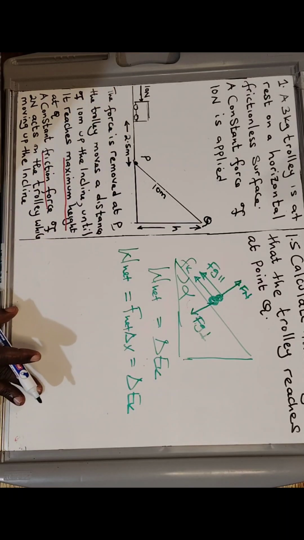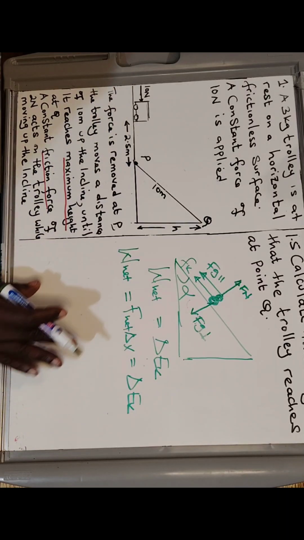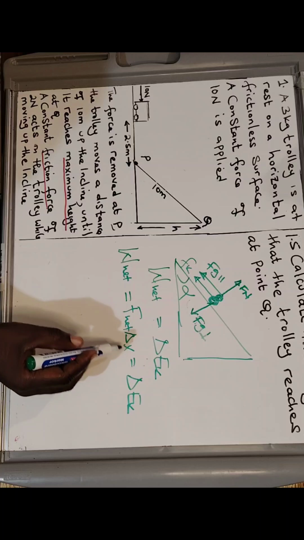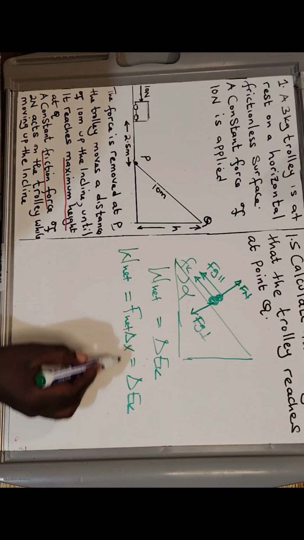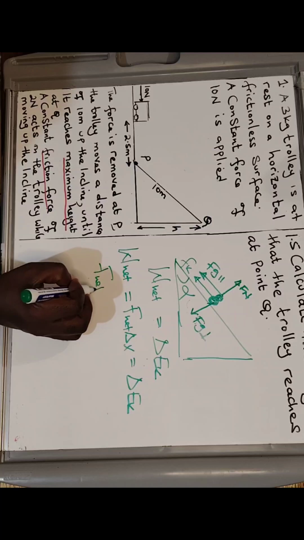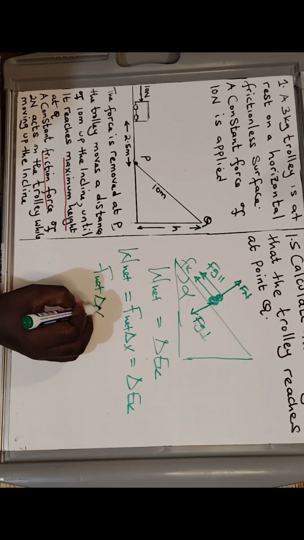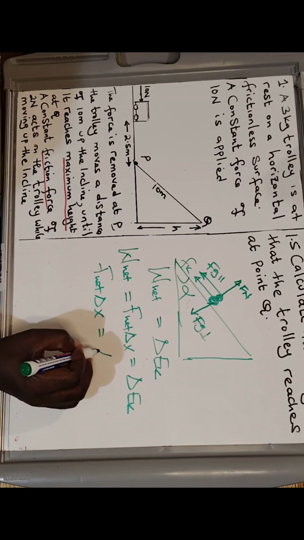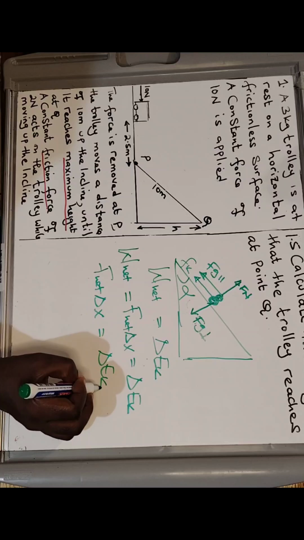Now the question comes, what is our F net? Because at the end of the day, we are going to be using F net delta X giving you delta EK.